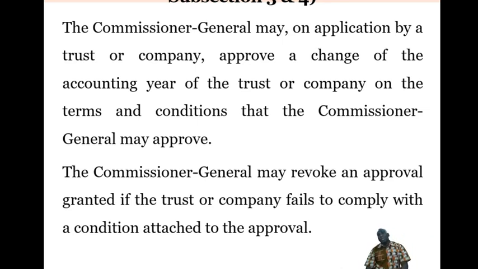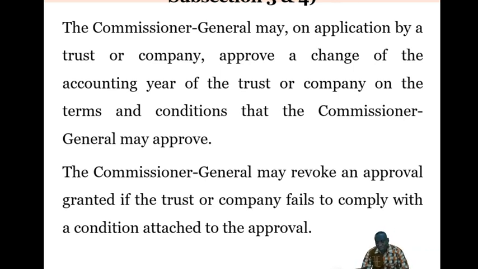You see, this is where the basic law came from, section 18, where we were told that when it comes to individuals and partners in a partnership that commenced business from 2001, I told you that their basis period has been defined by the law.